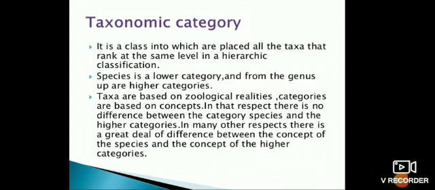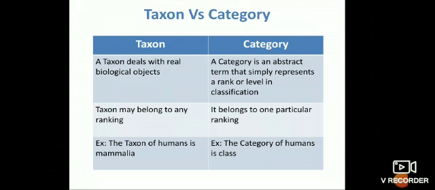So, there is a difference between taxa and category. We will see what is taxon and category. This is the difference between taxon versus category. Taxon deals with real biological objects, that is, it deals with the organism, whereas category is an abstract term that simply represents a rank or level in classification.